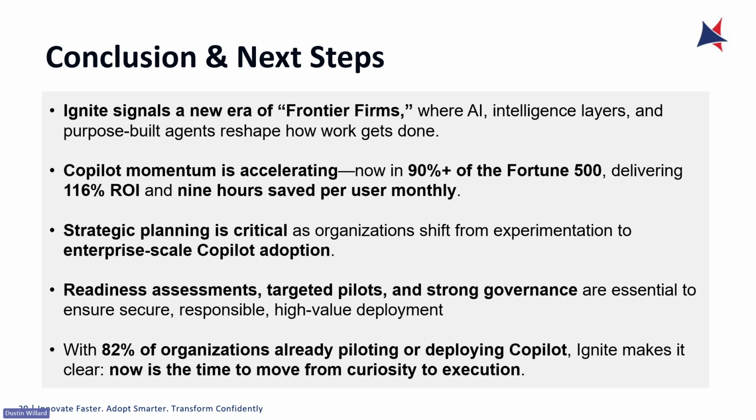Copilot momentum is accelerating. Again, 90% of Fortune 500 companies are using this, and they are saying that 9 hours are saved per user monthly based on aggregated data. That's a lot of time when you think of a 40-hour week. If you're saving people 9 hours of their month, that's a lot when it stacks up.